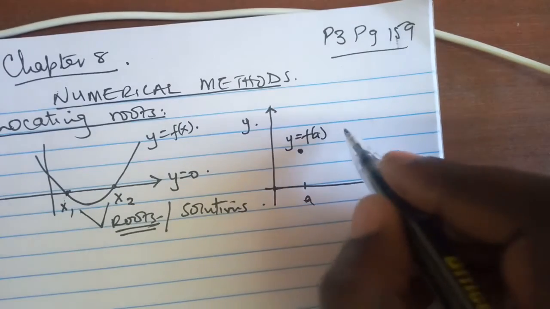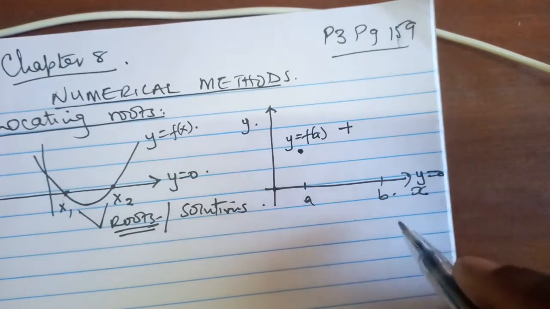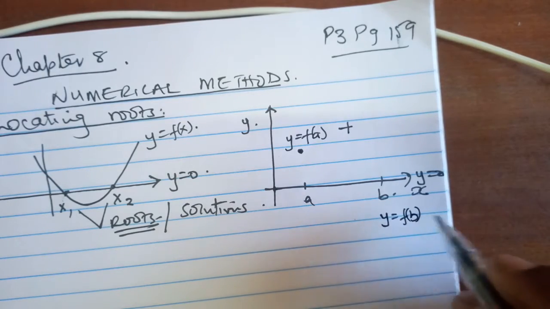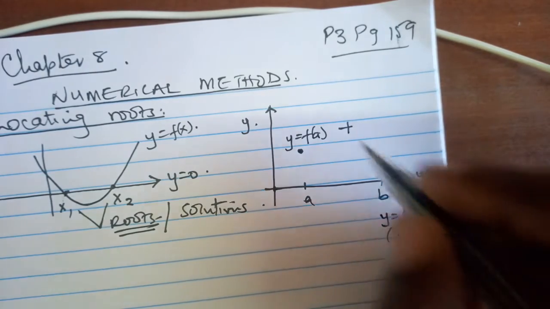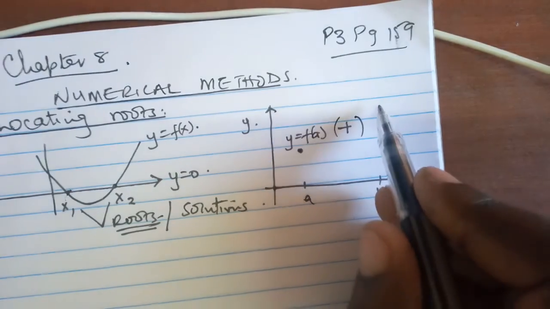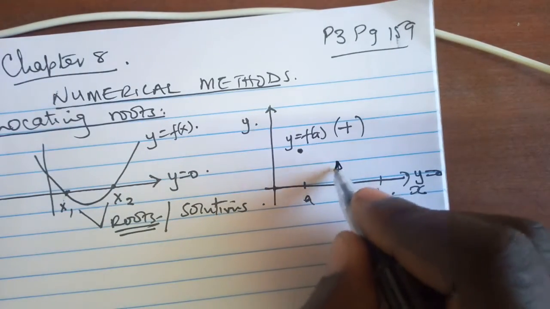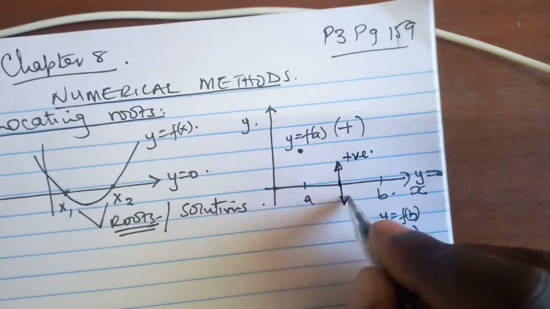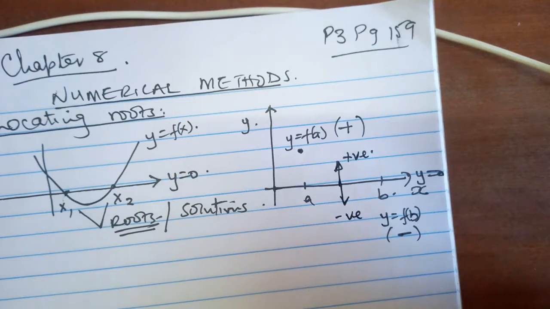It could be positive, on the positive side, and we may have y equals f(b), which is on the negative side. Please note, anything above the x-axis, y is positive, and below, these are negative values of y.